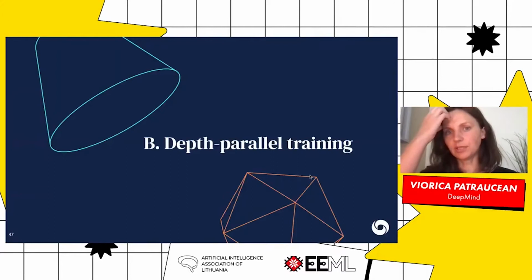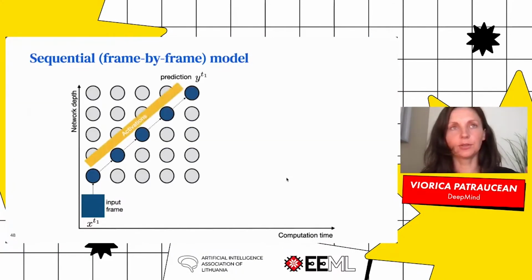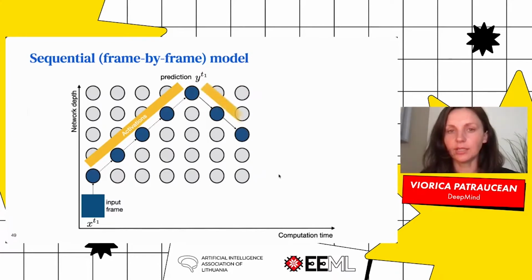So I will just briefly go through how we can do training with the same kind of design principles, to still have depth parallelism during training. Going back to the original figure where I was showing how all the layers are blocked during execution, the exact same thing actually happens during training.